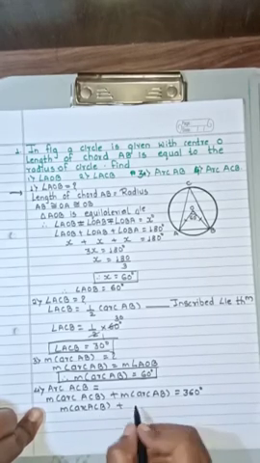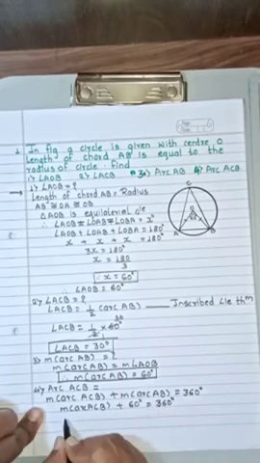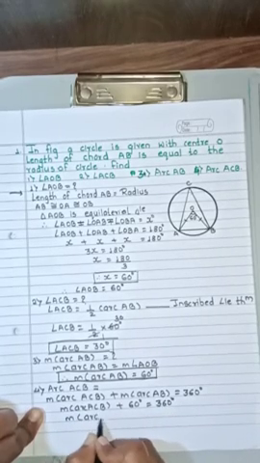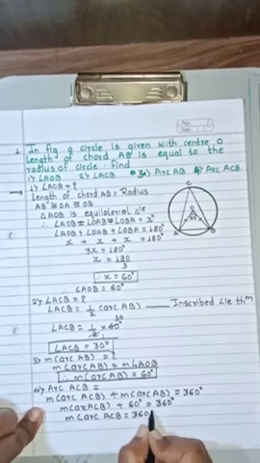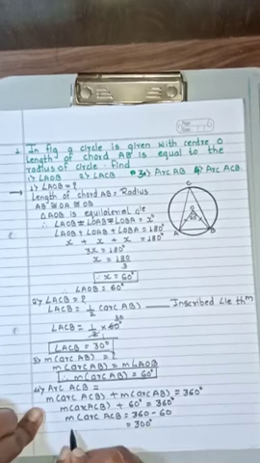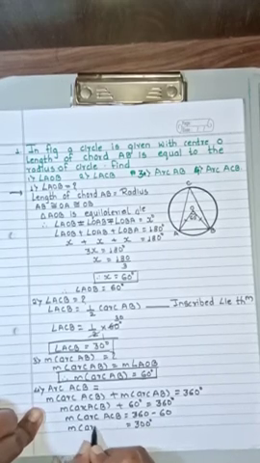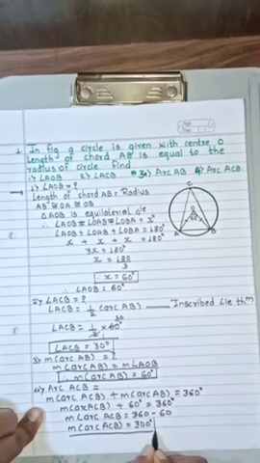You know arc AB is 60. Therefore the measurement of arc ACB is 360 minus 60, that is 300 degrees.